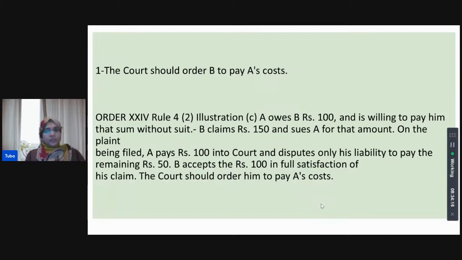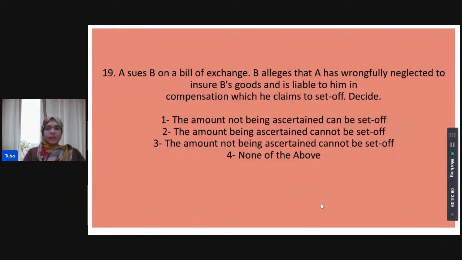It is Illustration C, where the person was willing to pay that amount and then paid that amount completely. In this situation, the court is empowered to order B to pay the costs that A incurred in this particular case, to go to the court, to employ a pleader, and all of those technicalities. That is, the court is allowed to have B pay that back to A.